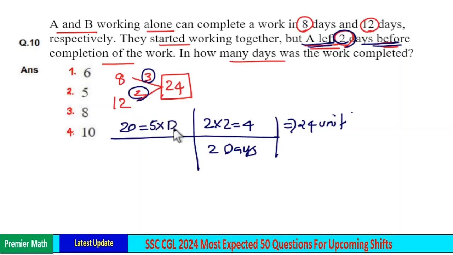So in D days, they will complete 20 unit, which means D is equal to 20 by 5, 4 days. So total number of days is equal to 4 plus 2, 6 days. That is in 6 days, 24 unit completed. Option 1 is your answer.